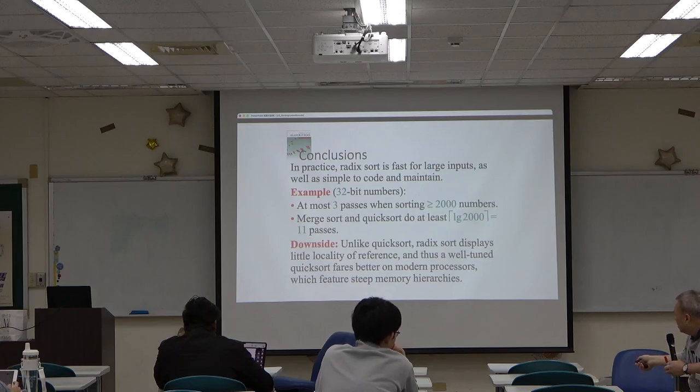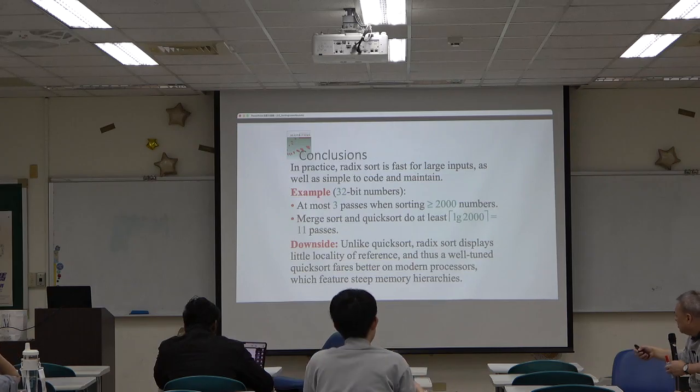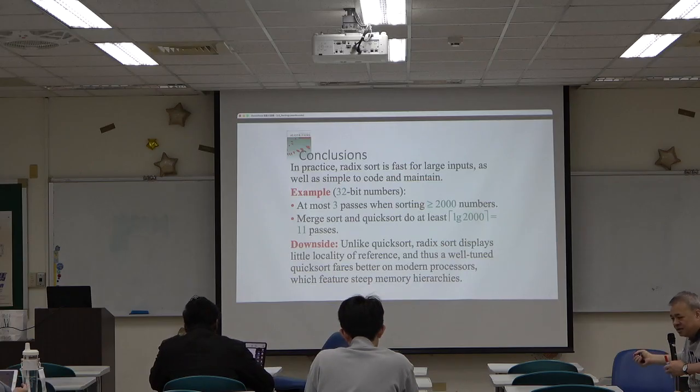But unlike quick sort, radix sort displays little locality of reference. So a well-tuned quick sort can work better on modern processors.